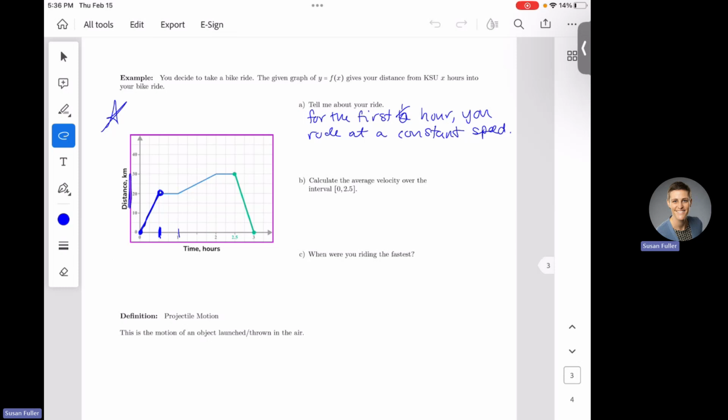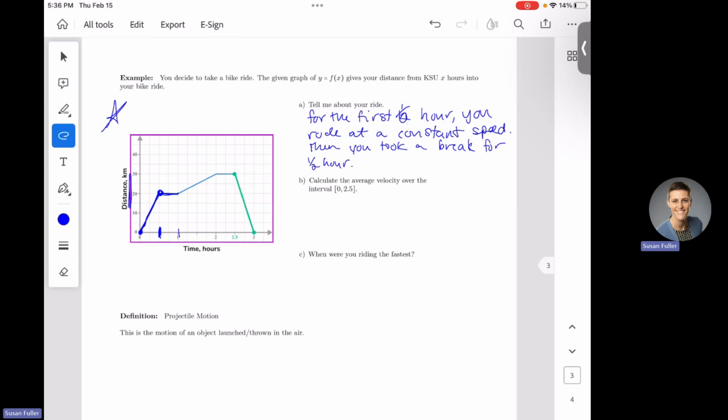So for an entire half an hour, you were 20 kilometers away. So then you took a break for half an hour. There was a half an hour in there where you were not moving at all. So you took a little break.